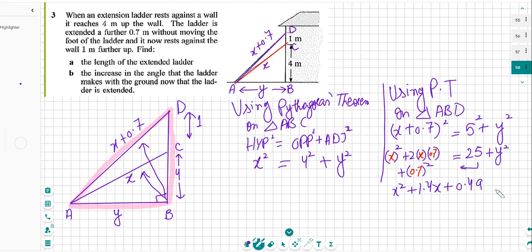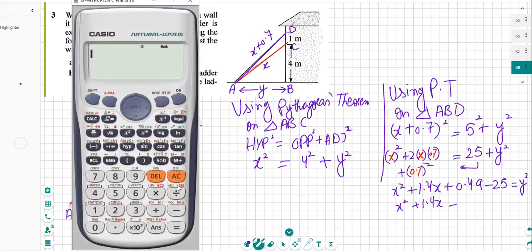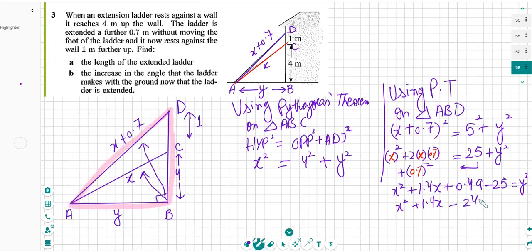Shifting this 25 as well, it becomes negative 25, and we're left with y squared on the right-hand side. We can simplify this further: x squared plus 1.4x plus, using my calculator now, 0.49 minus 25. So I get minus 24.51, it is equal to y squared.